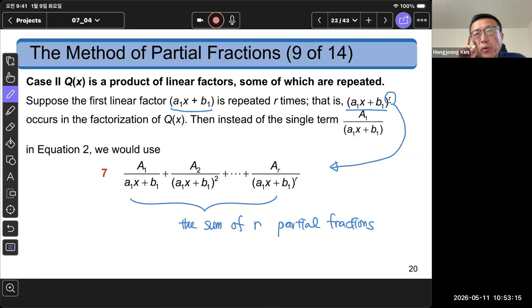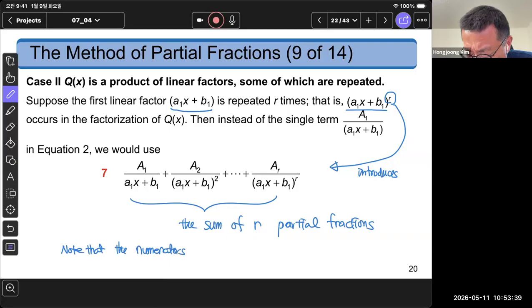Now, a1x plus b1 to the r introduces these r terms. And note that the numerators are all constants.